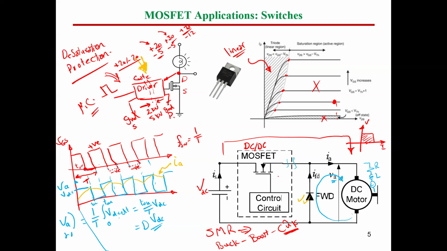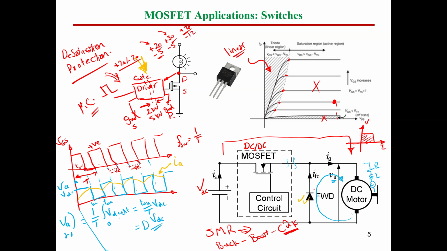This circuit is a single quadrant because it cannot have volt in negative sign and current in negative sign as well. So the current will be positive all of the time, either through the MOSFET or through the freewheeling diode.